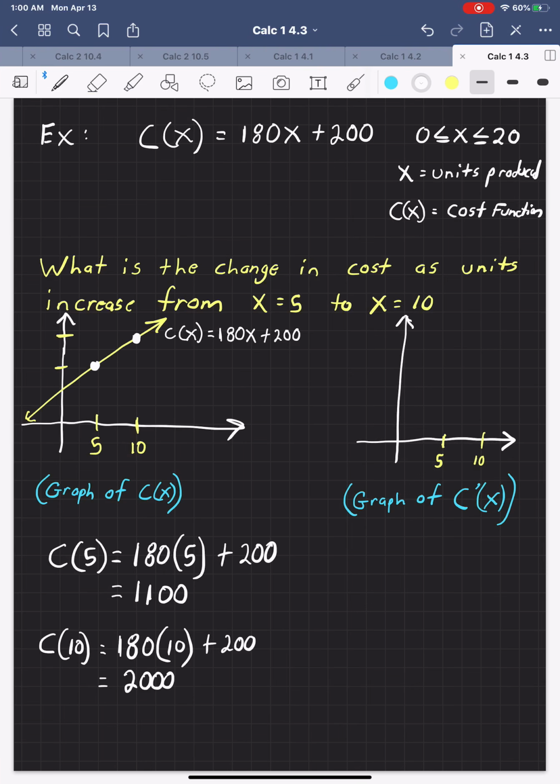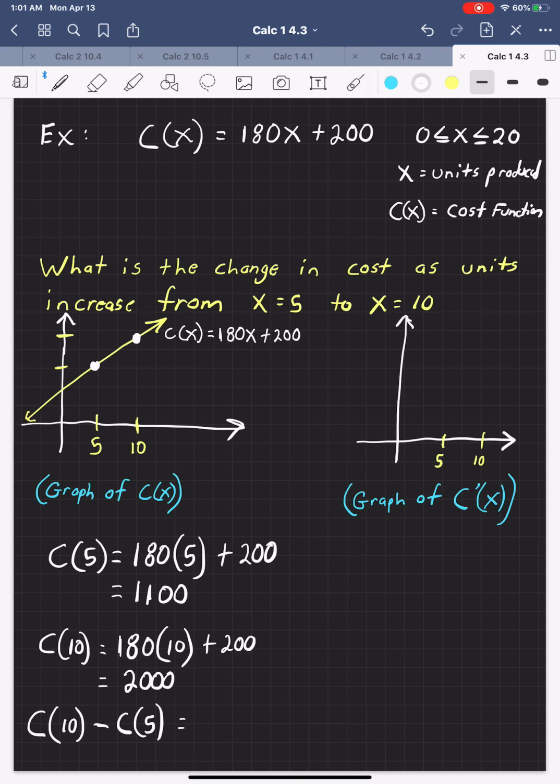Okay, so the question read, what is the change in cost? I mean, clearly you have more cost now that you're producing 10 than you did before when you were producing 5. So the change in cost would be C of 10 minus C of 5.